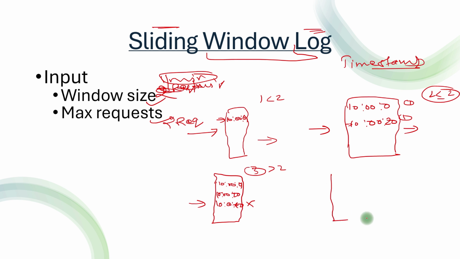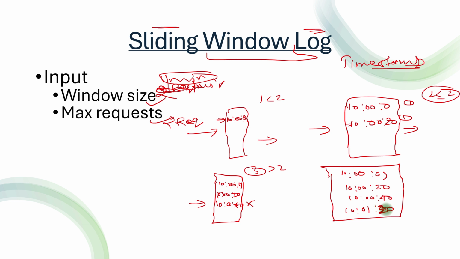Coming to the next one that we have. Now all of these times are logged in here, right? So 10:00:01, 10:00:20 and 10:00:40, and the next request that came into the picture, let's say not 140, let's say 120.